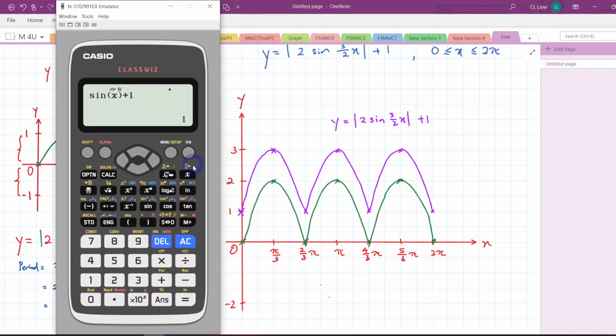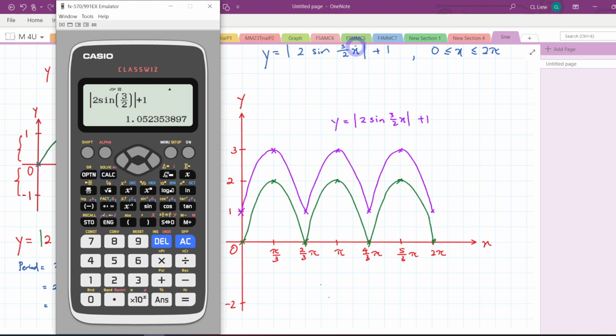Now, modulus is over here. So 2 sine 3 over 2x. Okay, is that correct? Yes. Then add 1. Press calculate.